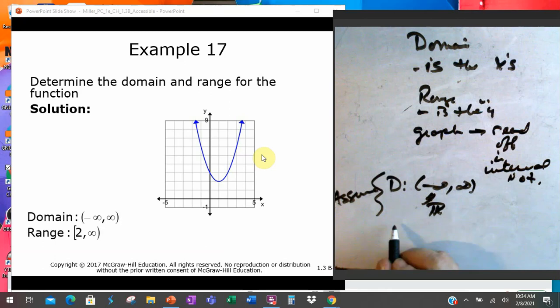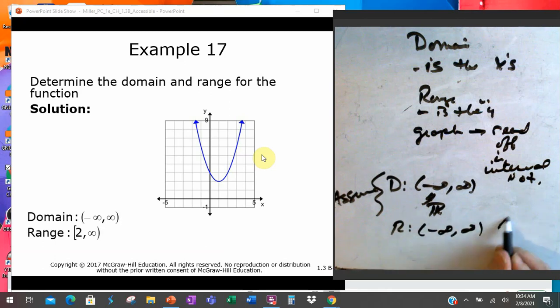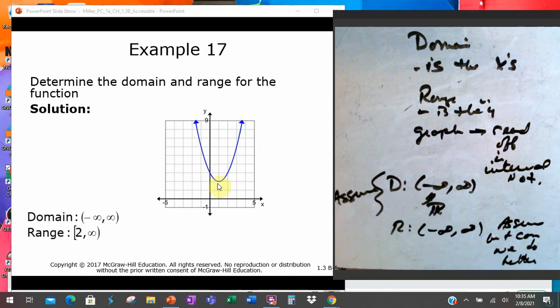And then the range, well, I can assume negative infinity to infinity, but can we do better? Here it looks like 2 to infinity.